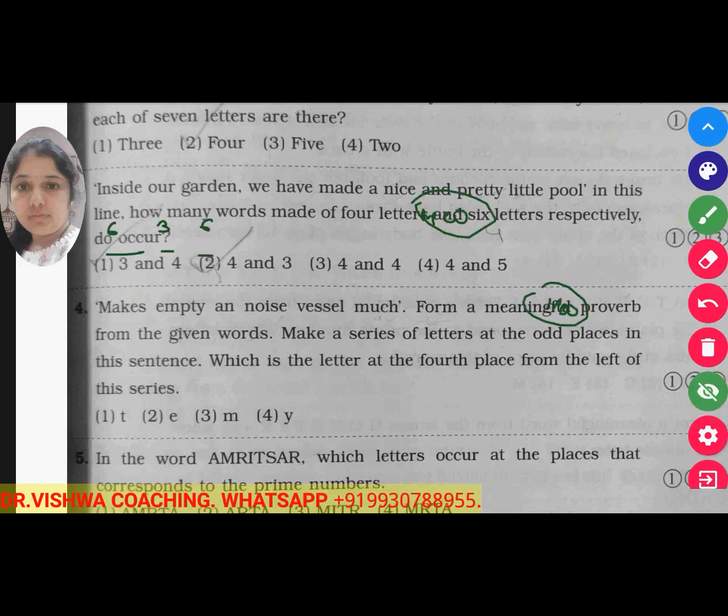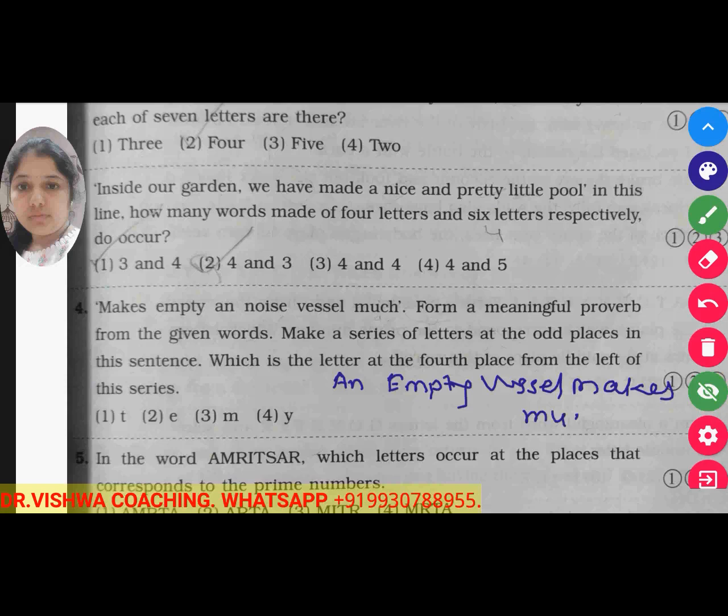Now see, the meaningful proverb formed here is: an empty vessel makes much noise. Now you have to calculate the letters which are at odd places. So A is at odd place, E is at odd place, P is at odd place, then 1 you have to skip, and there is another in the odd place. Here E, then S, then L. So like this, these are the letters which are there at odd places.